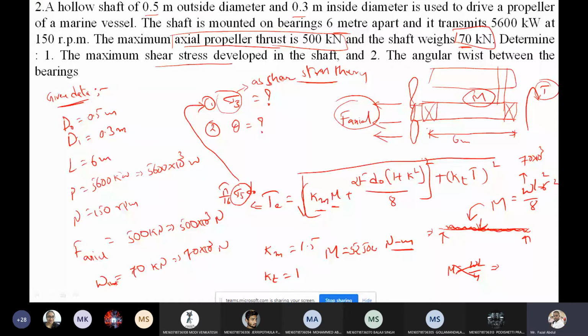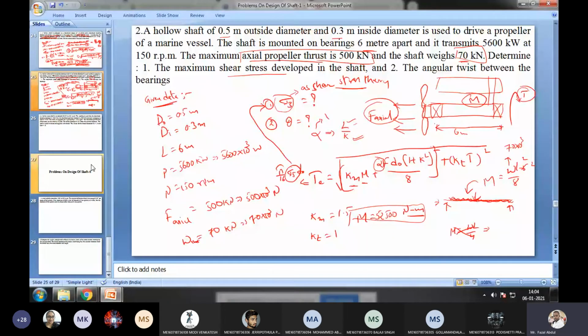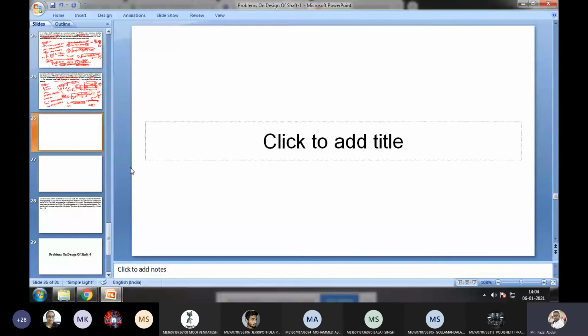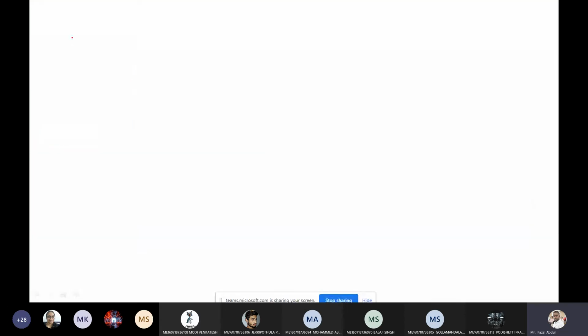And what parameters do we require? The alpha parameter. We take alpha as 1 when the K value we don't know, because alpha always depends on the L by K ratio.